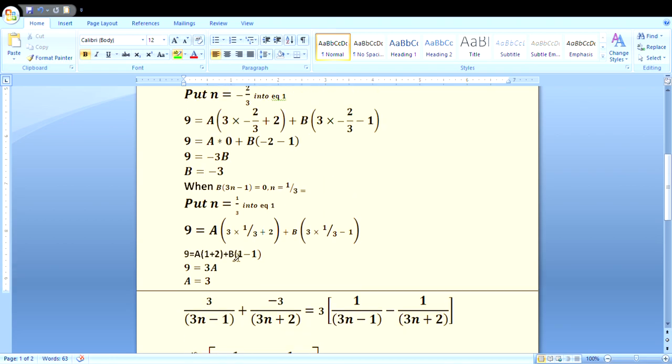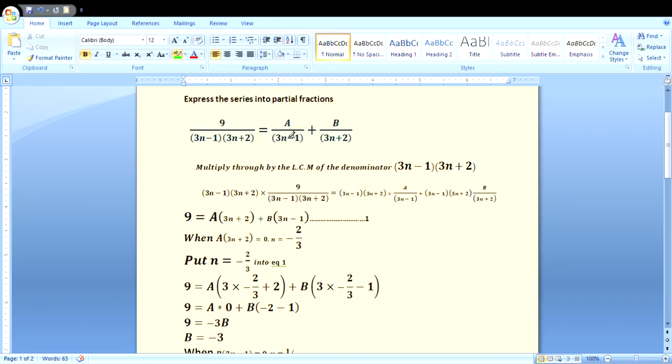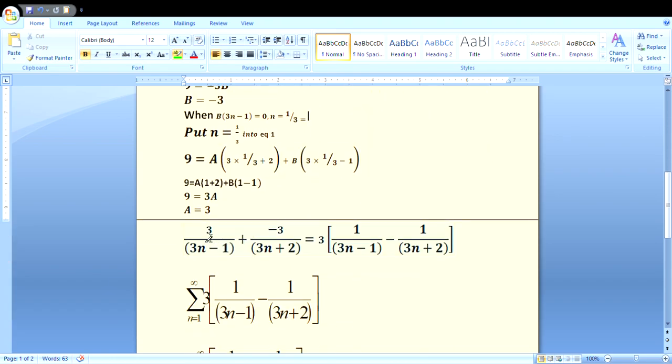Then quickly we substitute it back into this expression. The values of A and B are substituted into the right hand side, because we've already expressed this as a partial fraction. So this becomes 3 divided by 3n minus 1, plus minus 3 divided by 3n plus 2. Here 3 is a constant, so we factor 3 out and this becomes 3 into (1 over 3n minus 1) minus (1 over 3n plus 2), because minus times plus becomes minus.